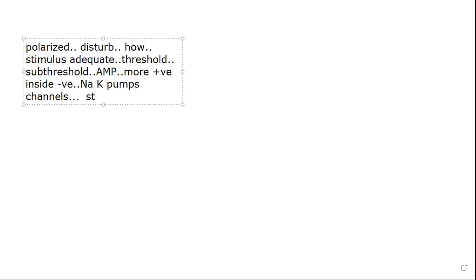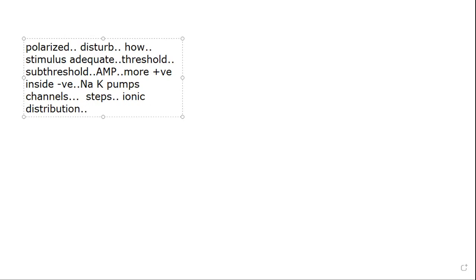There are various steps involved in the disturbance of the neuron. When the neuron is stimulated by any kind of external or internal stimulus, the first step is going to be the disturbance of the ionic distribution across the membrane.